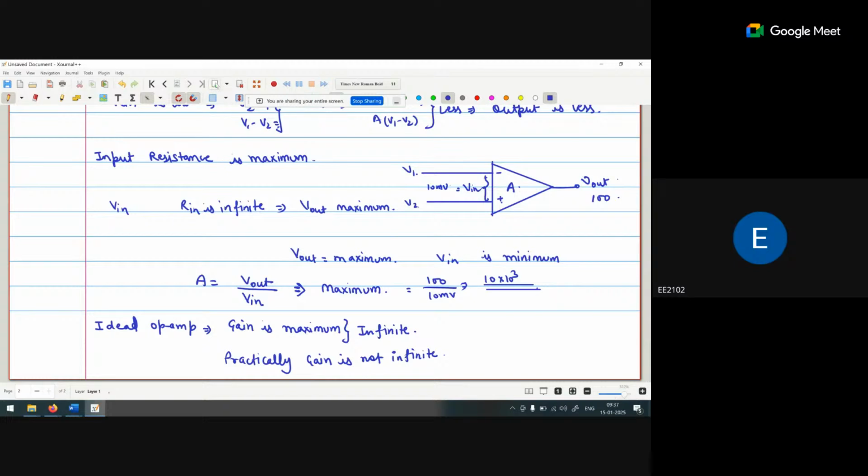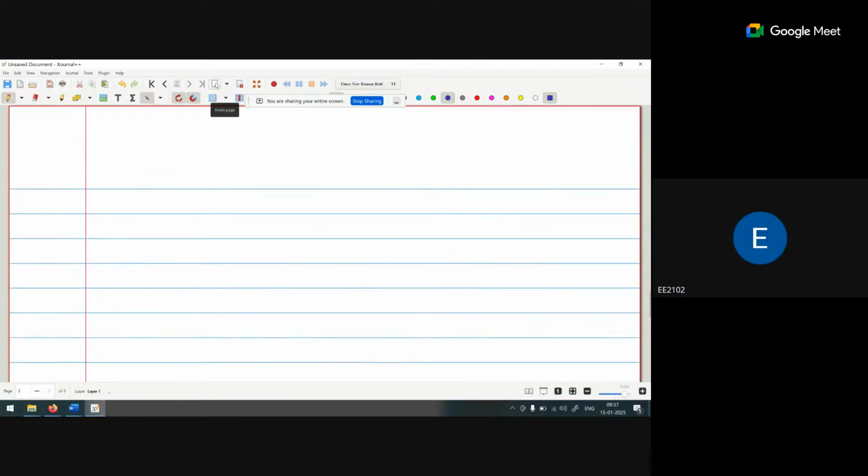That is all dependent on what operational amplifier you are using, but it is a finite value. Yes, any doubt?